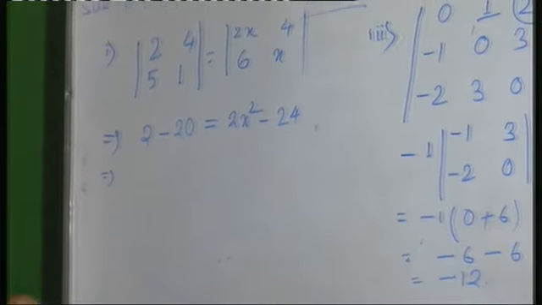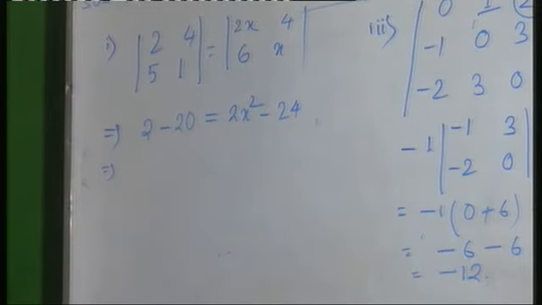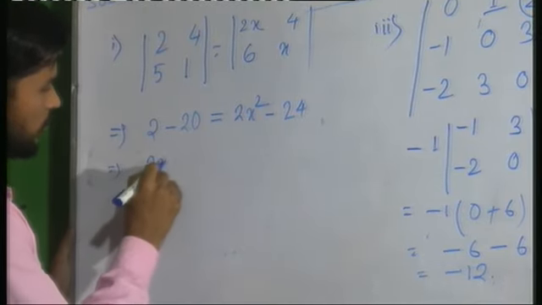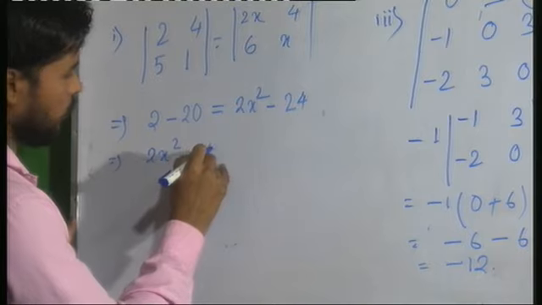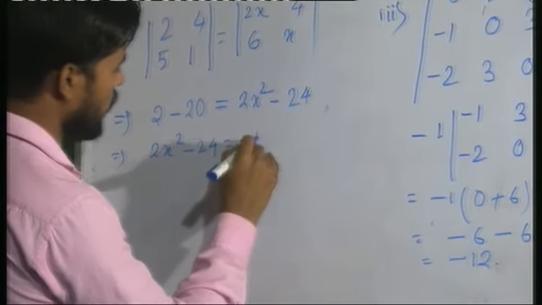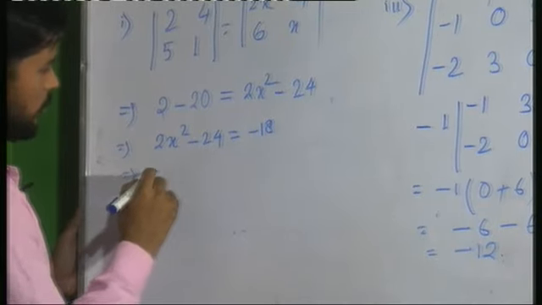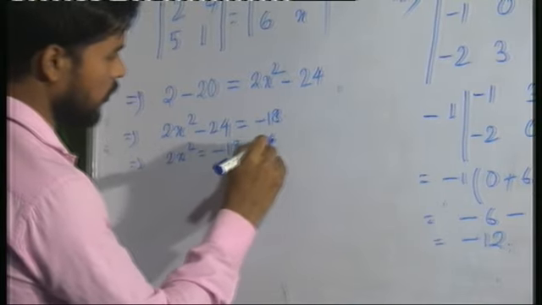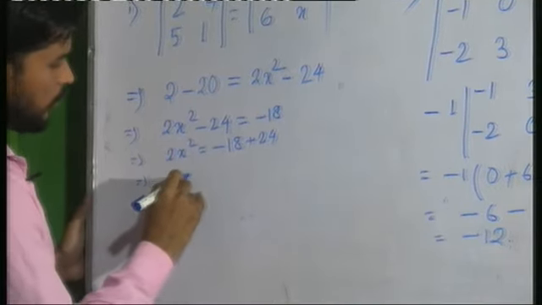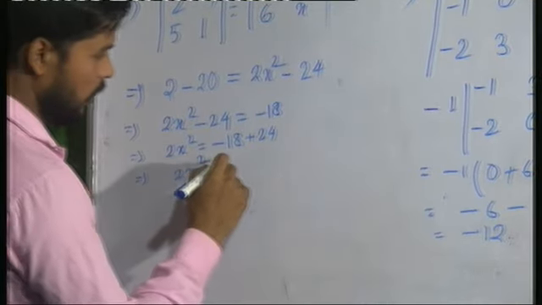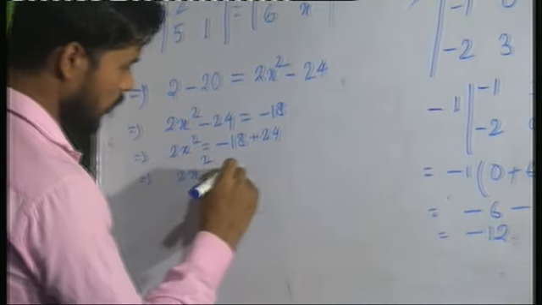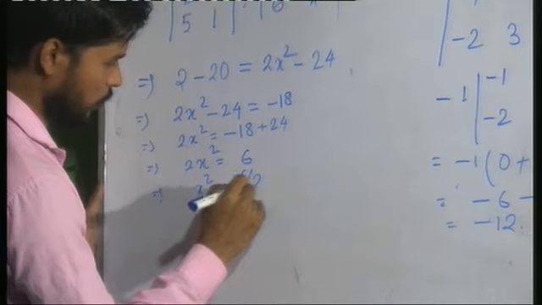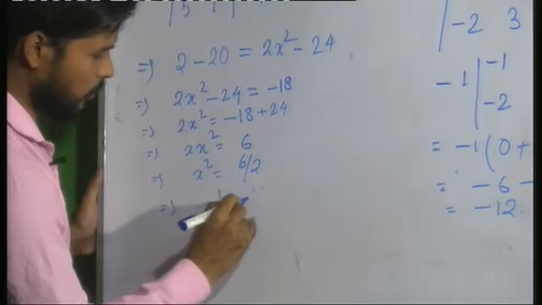Now this is obviously a quadratic equation in one variable, and we know how to solve this type of equation. So that is 2x square minus 24 is equal to minus 18. That is 2x square is equal to minus 18 plus 24, so 2x square is equal to 6, or x square is equal to 6 upon 2, that is x square is equal to 3.